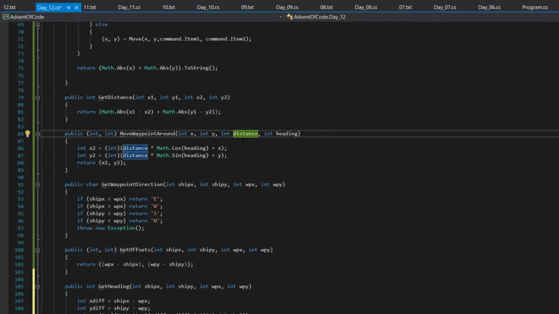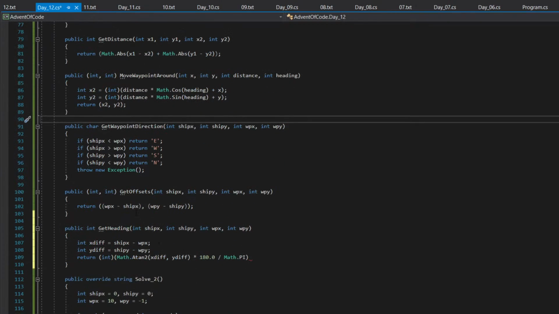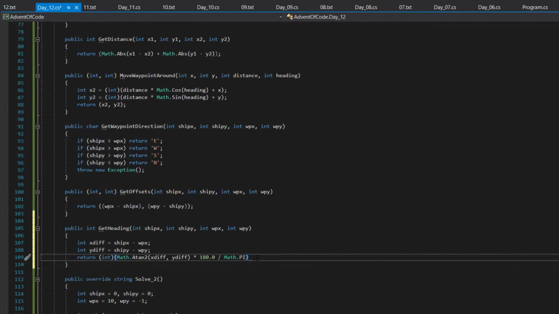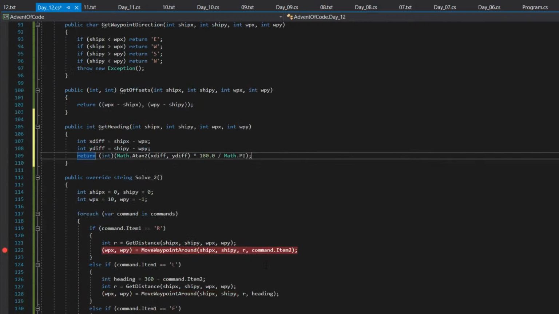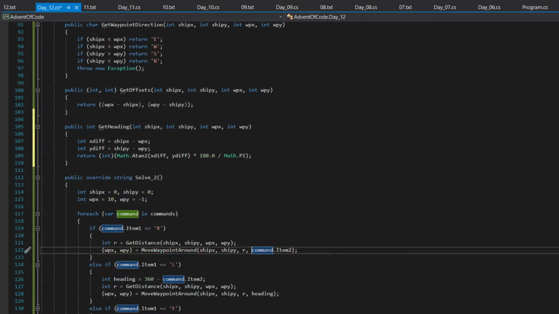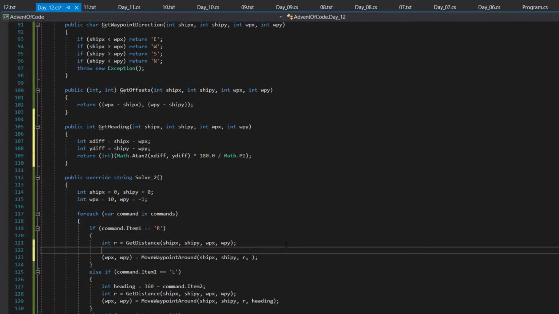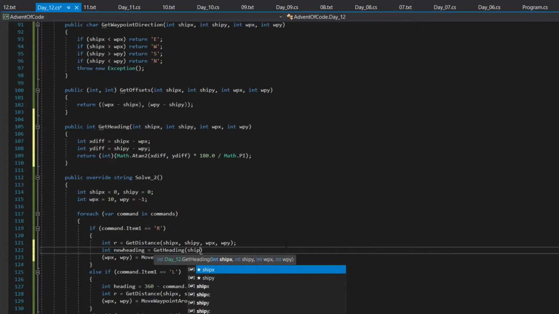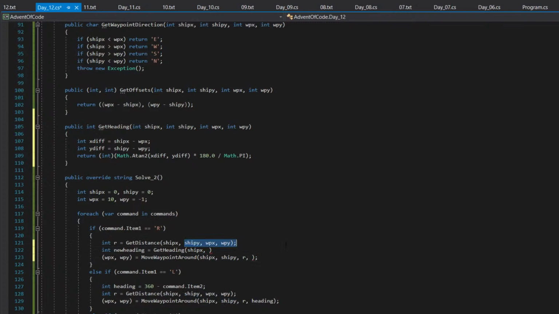So we need to get... Oh, we need to get... So we do need heading. We need to take the command. New heading equals, let's see, get heading of this stuff.